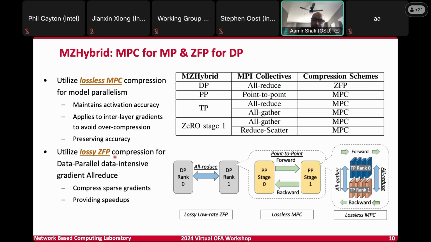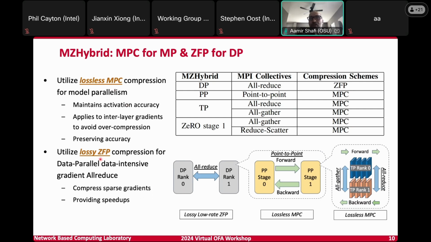As the name suggests, lossy compression means that if you give me a float or a double, I will convert that into compressed data and communicate it, and the receiver will do decompression, but they won't get 100% the same data as the sender. There will be some loss in the data. In lossless compression, the receiver gets 100% the same bits as the sender has sent.